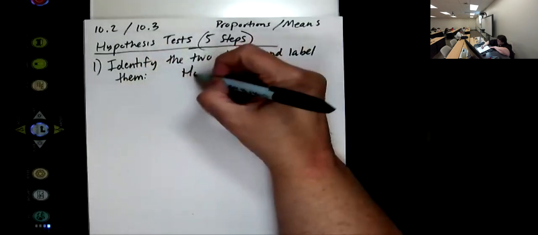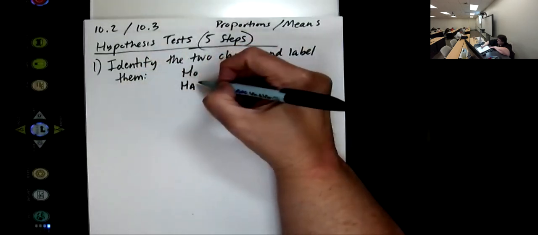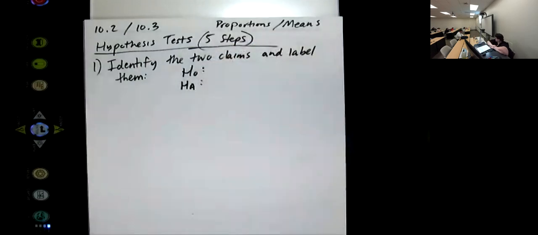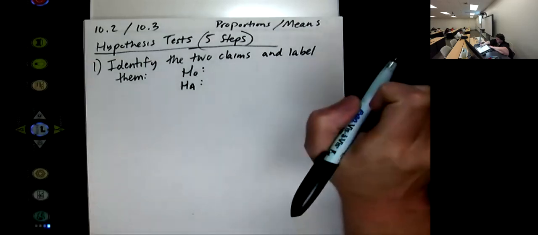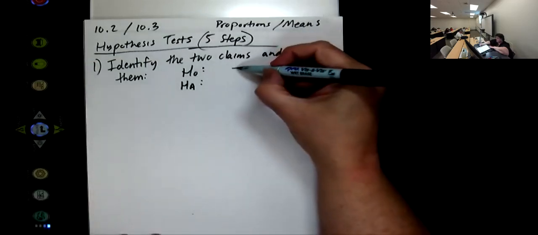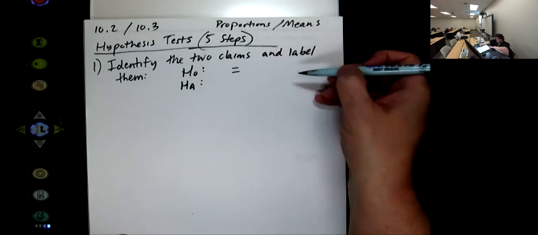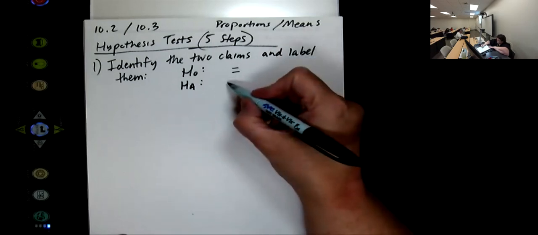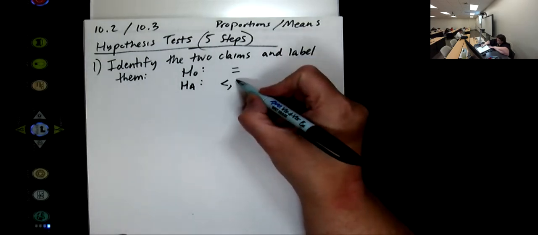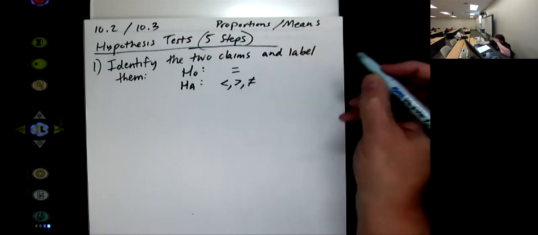You will have an H0 and an HA. H0 always has an equal sign in it. HA can have a less than, a greater than, or a not equal.